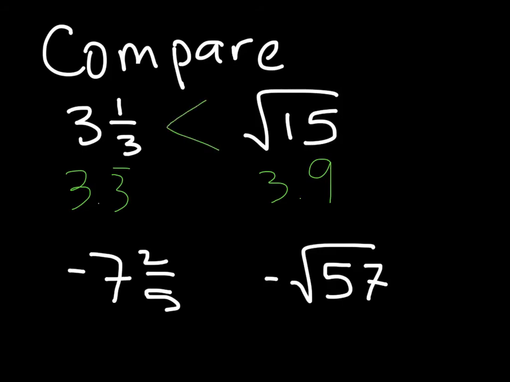Okay, if I have negative 7.7 2/5, I'm going to say, well, that's like negative 7.4. Make sure in your notes I sent you an email. Please change that to be negative square root of 57. So if I take the square root of 57, it's negative 7.5. Or square root of 57 is 7.5, but I put a negative on it. So I'm going to have to choose which one is bigger. And remember, with negatives, we choose the one that appears to be smaller with the absolute value.